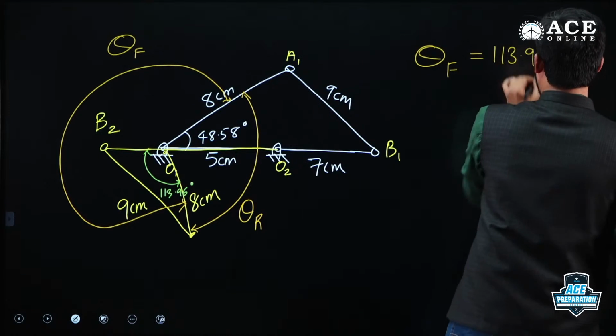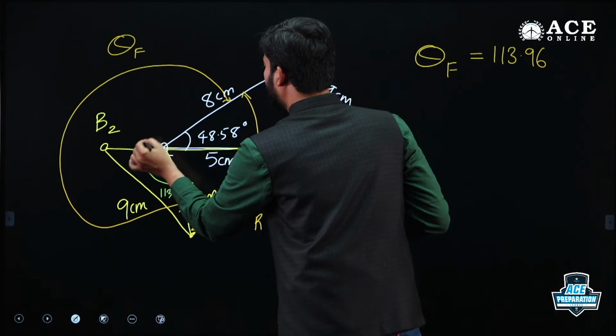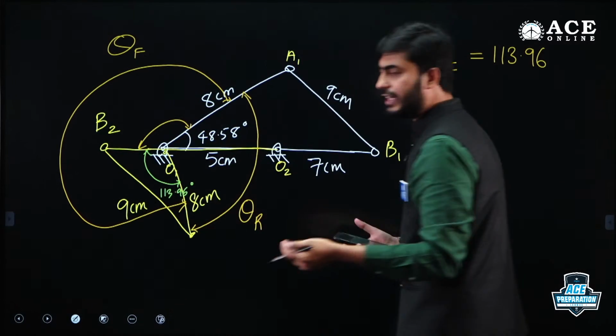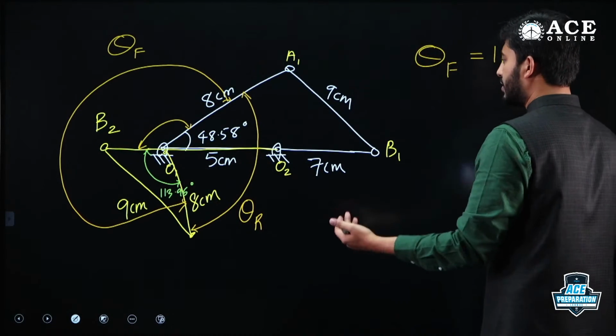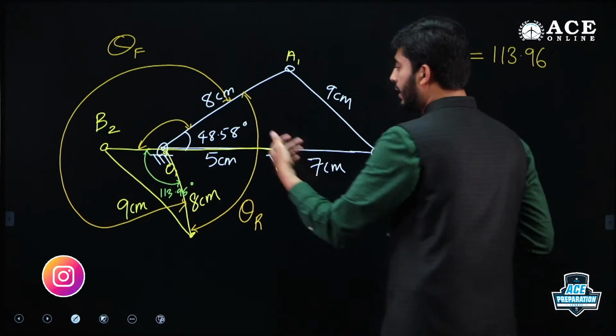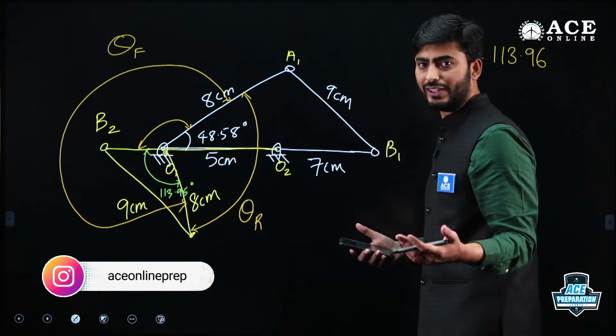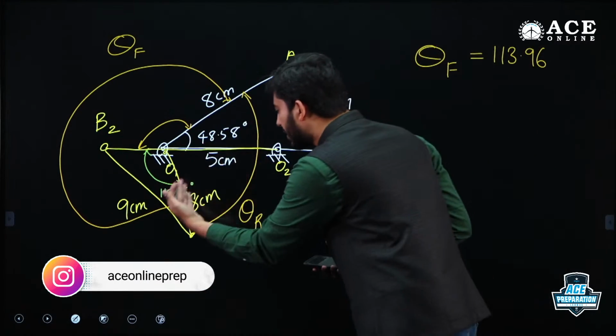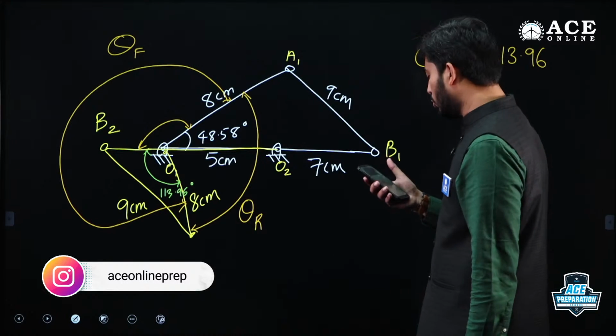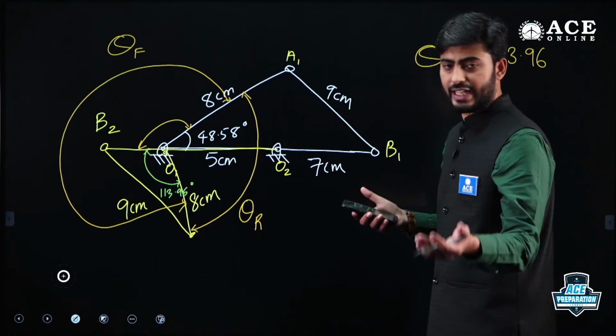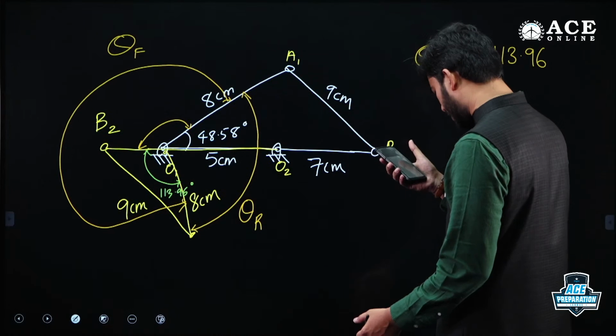113.96 plus this angle is what, guys? 180 minus 48 means that is 130 approximately. 130 plus 113 is 233 or 234. Yes, I guess Priyansh, now it is correct.